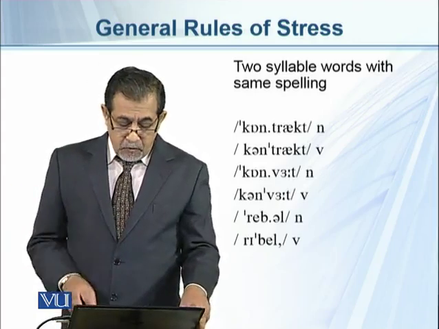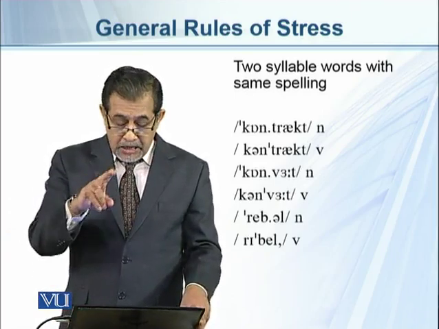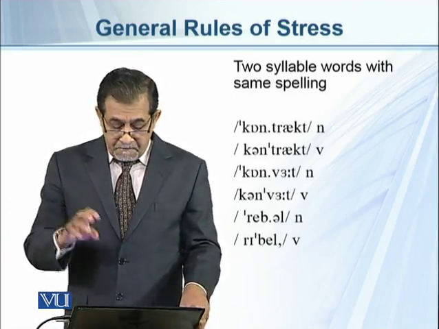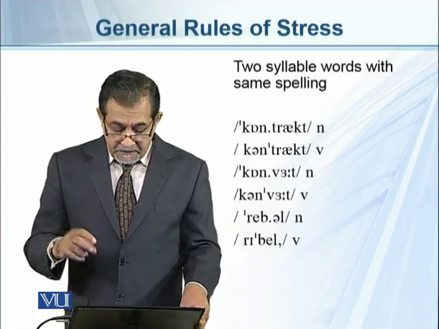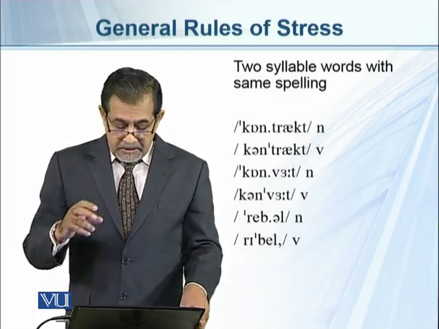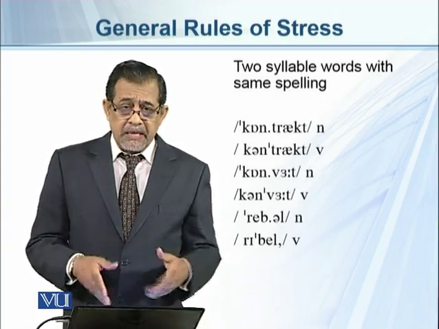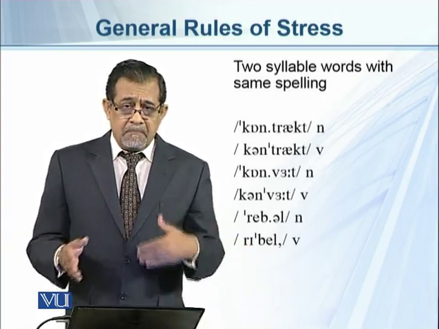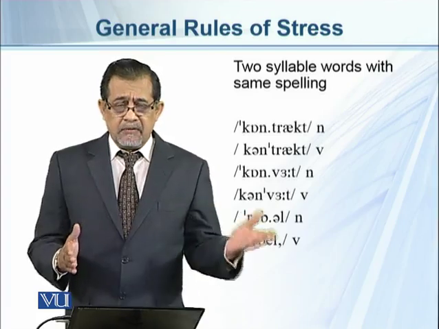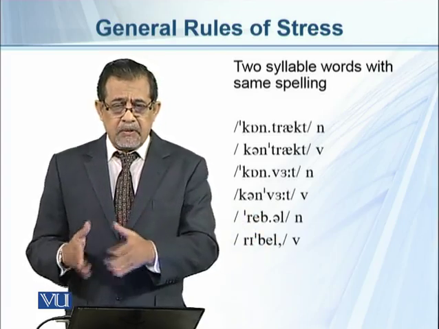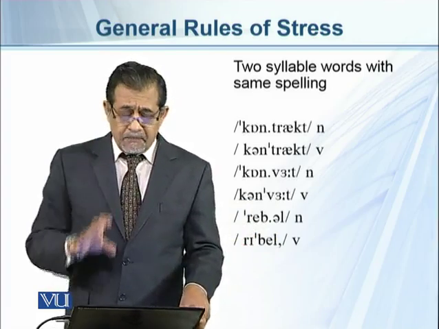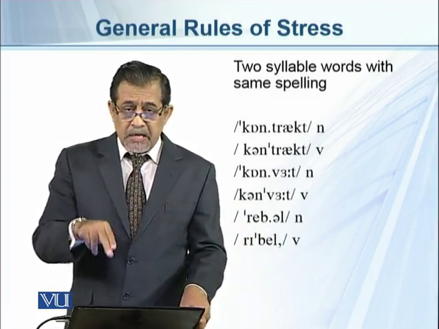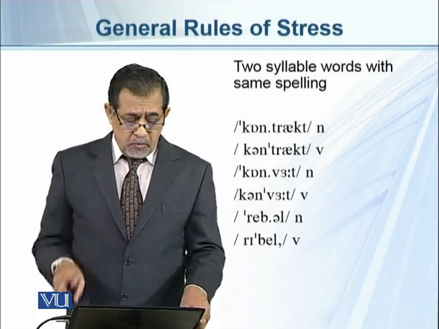For example, contract, it's a noun. Contract, it's a verb. Convert, it's a noun. Convert, it's a verb. Rebel, it's a noun. Rebel, it's a verb. So you see that the spellings are the same, but the stress is given to the first or second syllable on the basis of their being noun or verb. This takes place in word class pairs with words of two syllables.